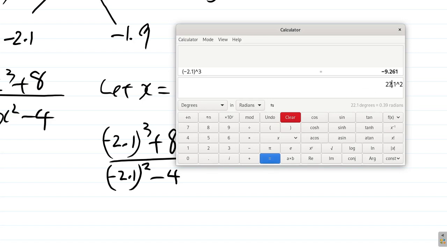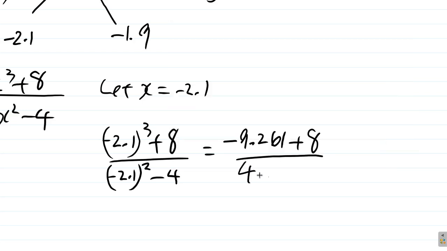Oh, it's saying 22.1. Double click here. Yeah, 2.1 squared is what? 4.41. Alright, so it's 4.41 minus 4 equals.